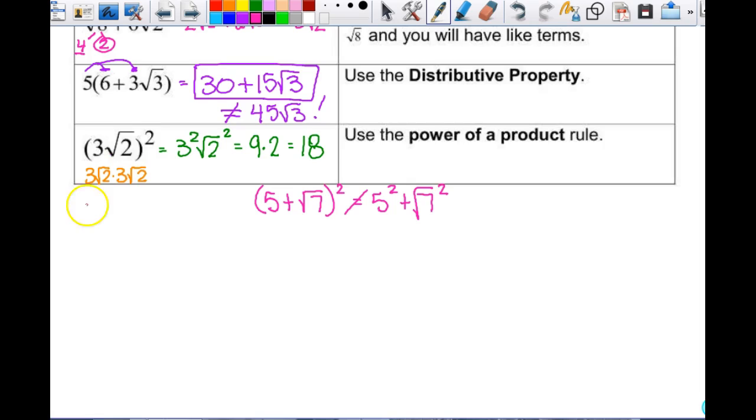This is for the same reason that x plus 3 squared does not equal x squared plus 9, right? You have to FOIL. What this would actually give me is x squared plus 6x plus 9 once I FOILed that out. Basically, you'd have to FOIL that too. We're not going to do that right this second. Just note, you don't get to distribute. I got to here because it was all multiplication. It's the power of the product rule, not the power of the sum rule. Okay, does that make sense to you?